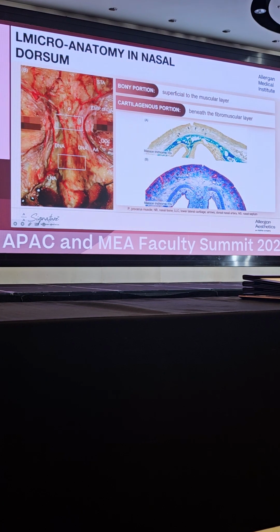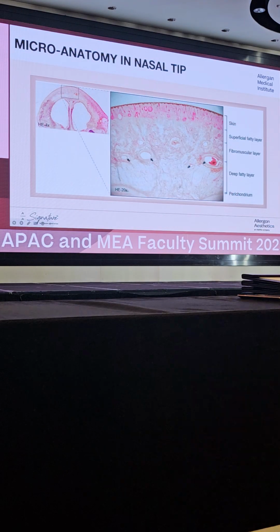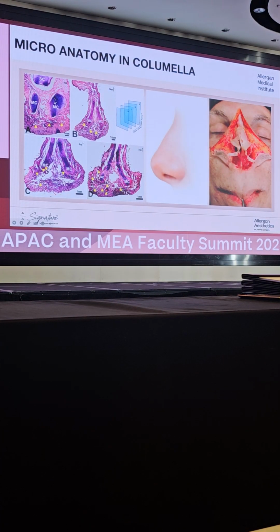This is actually a very interesting study. We try to show you the safe layers by doing sections in different parts of the nose: the bony parts, the cartilaginous parts, the nasal tip, and also the columella. What it shows us is that although there could be a little variation in where the vasculature runs, a little superficial to the muscle or a little deep to the muscle, overall, in every section, the plane inferior to the muscle layer is actually very safe.